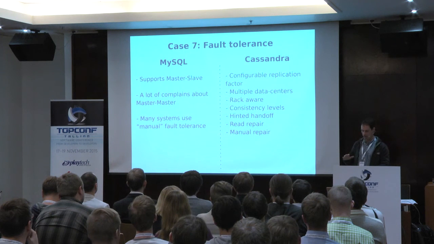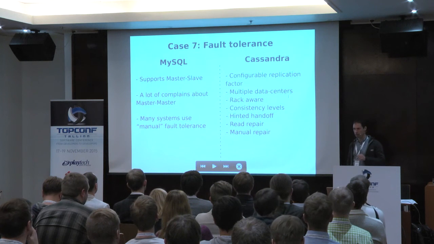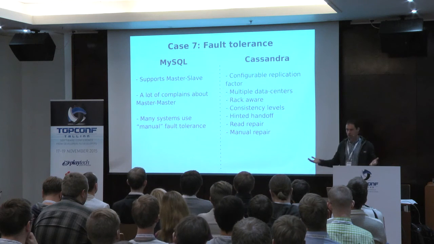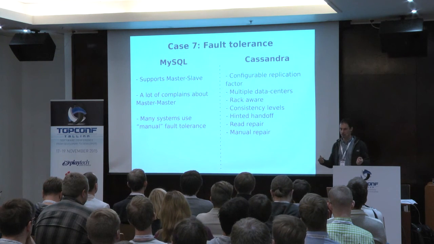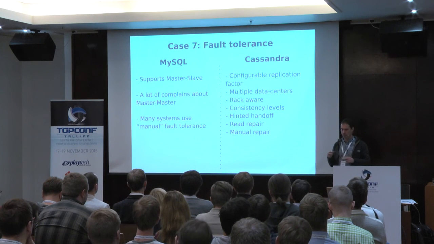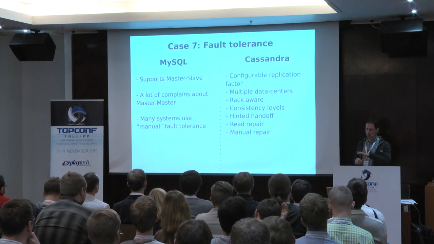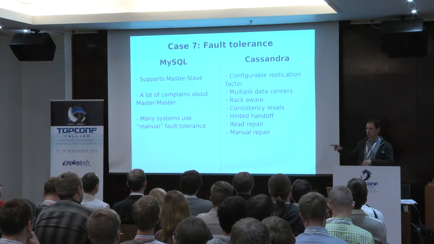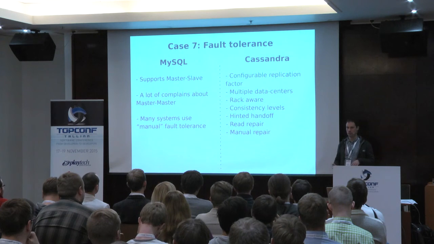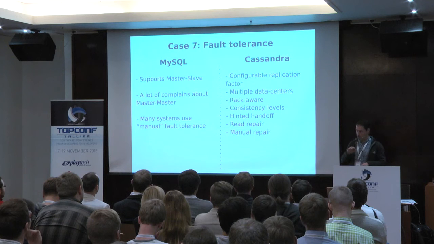In case of Cassandra, there is no single point of failure, and all of the servers are equal. Even more, Cassandra supports a replication factor, so that you can guarantee that when your data is written, it is replicated among, for instance, 3 servers, 3 nodes, and as soon as one node dies, nothing happens for the client application.